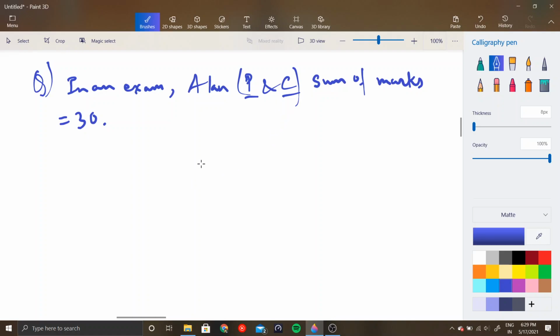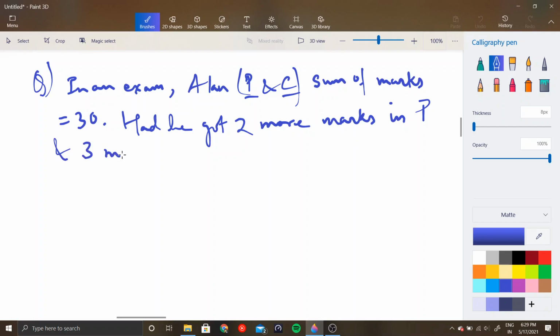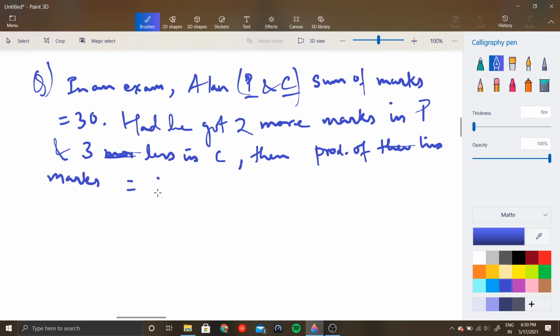Okay, now had he got two more marks in physics and three less in chemistry, then the product of his marks would equal 210.